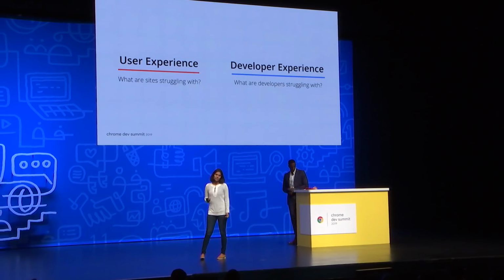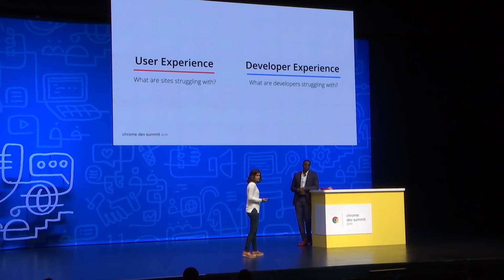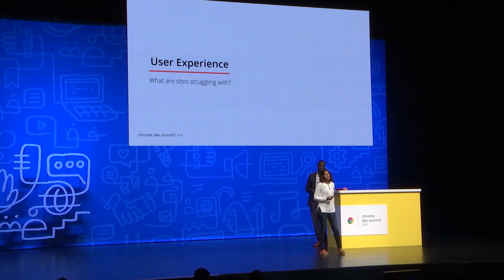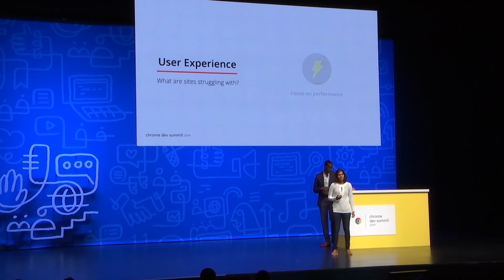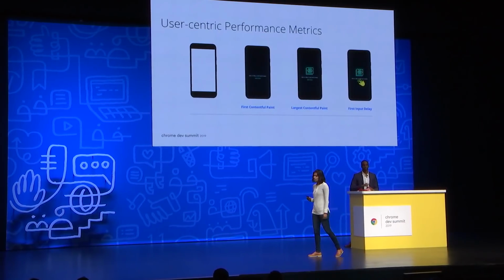So we've identified our target audience, but how can we help? Most concerns here fall into two broad categories: user experience and developer experience. So that's UX and DX. Most of our talk today is going to be focused on user experience and performance. This is an important problem.